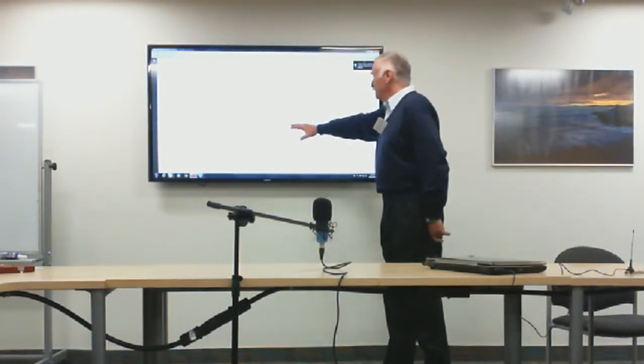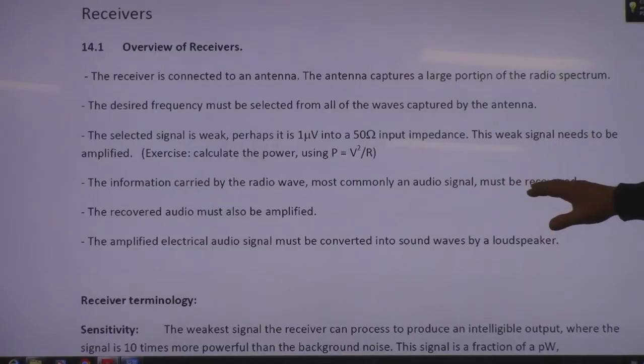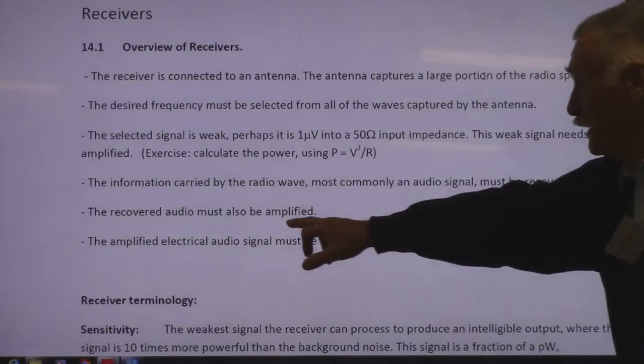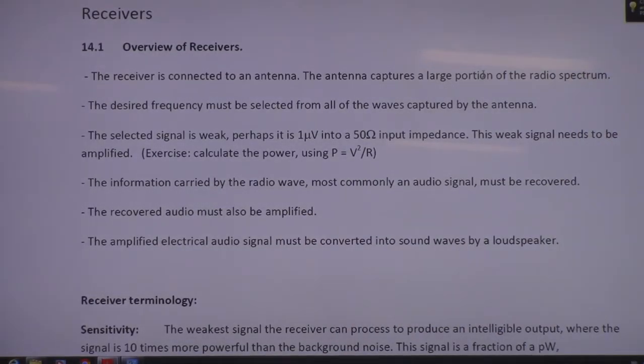This information, the audio signal, after it's recovered, must be amplified. Because you want to drive a speaker, and to get a real loud signal in a speaker you need no more than 2 watts.